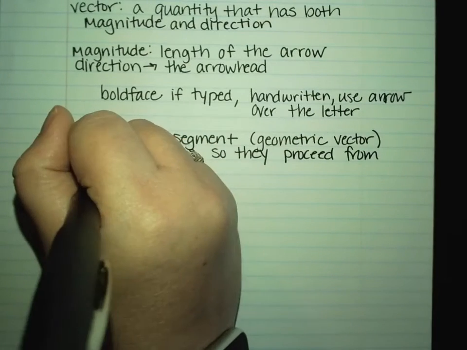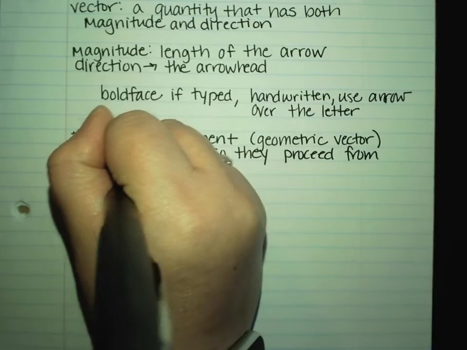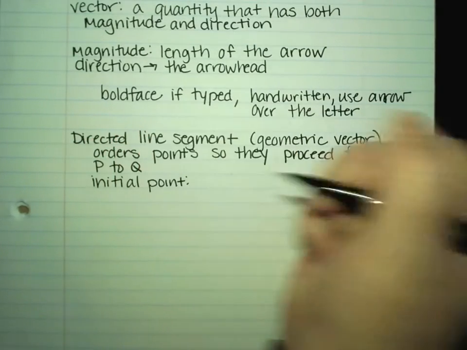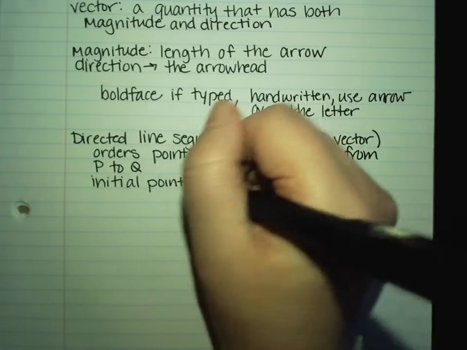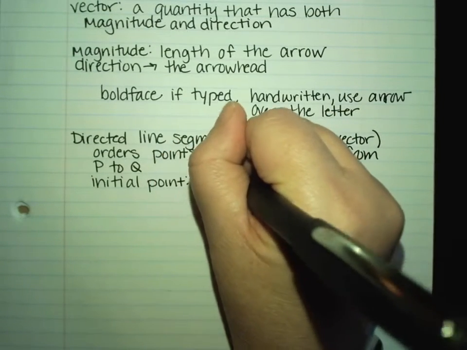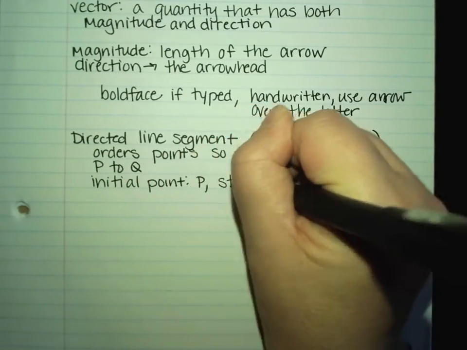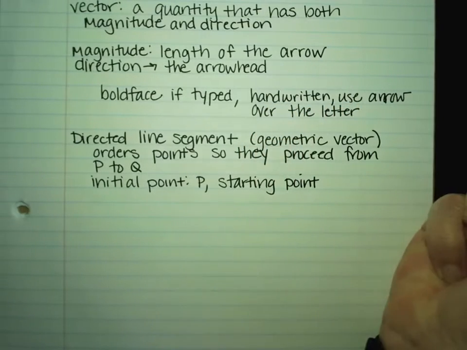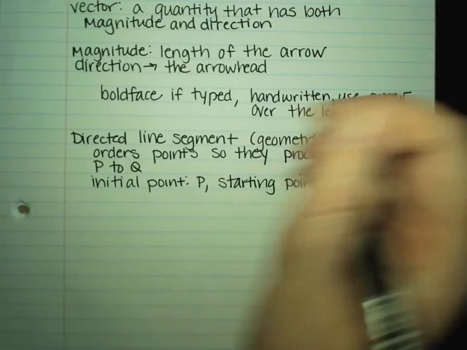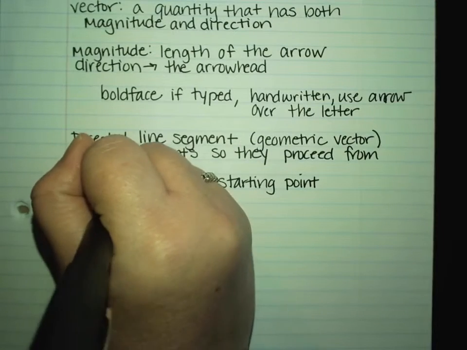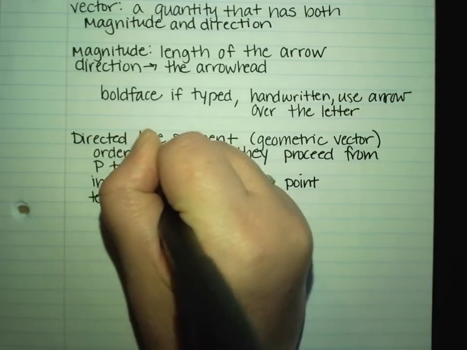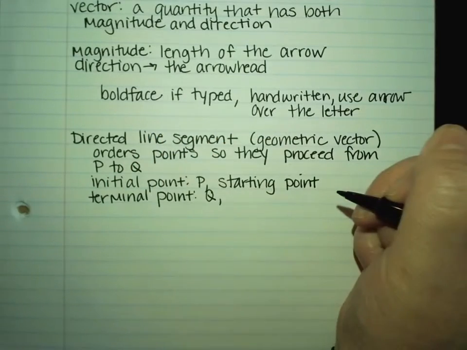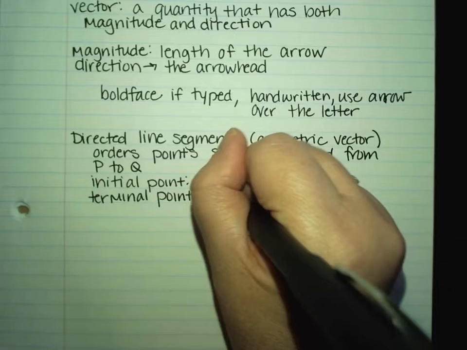The first one is called the initial point, and that one is P, which is our starting point. And then we have what's called the terminal point, in this case Q, and this is our ending point.